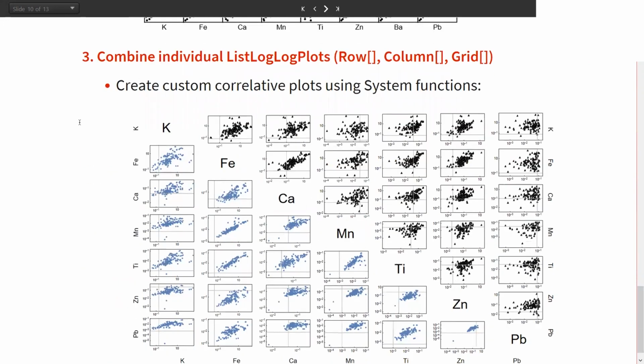And so to be able to put even more information in this matrix plot, I also did a more customized version of the matrix plot. In this case, I have the same comparisons of the elements, but what I did is that I have a different set on the bottom left and a different set on the top right. The bottom left are measurements that were made using method 2, which is ICP-MS.